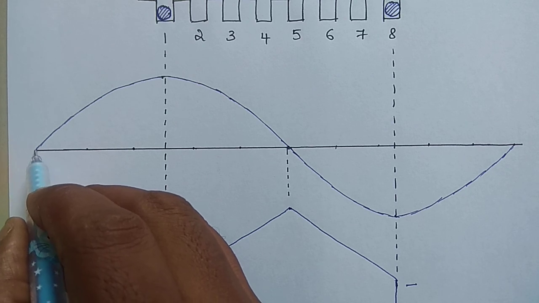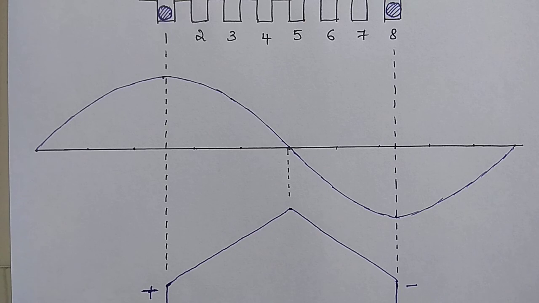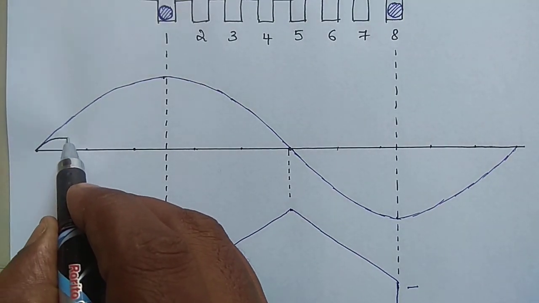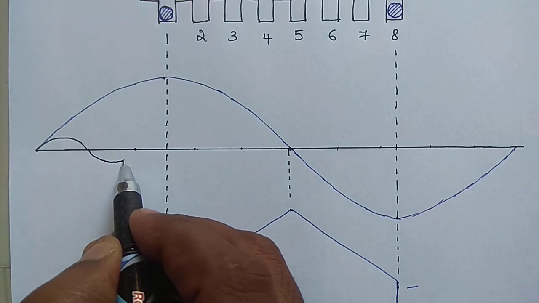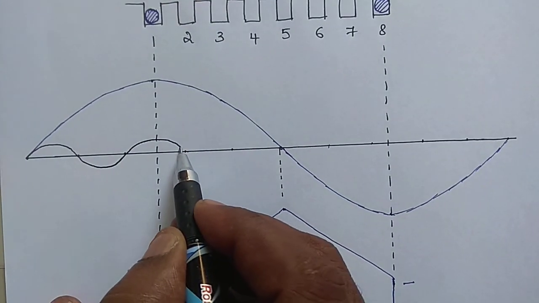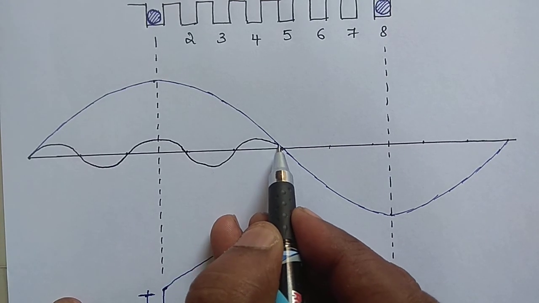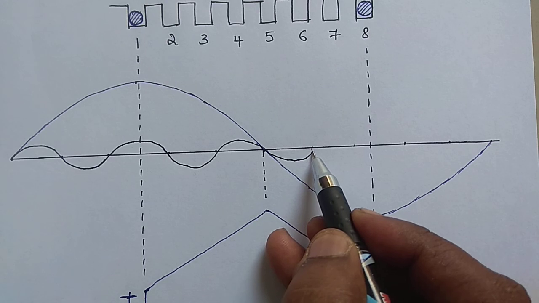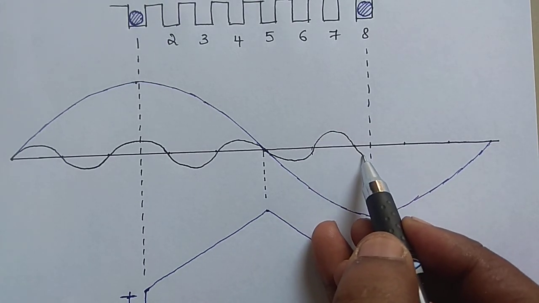So I will draw it with another color: two and a half cycles, one more 2.5.